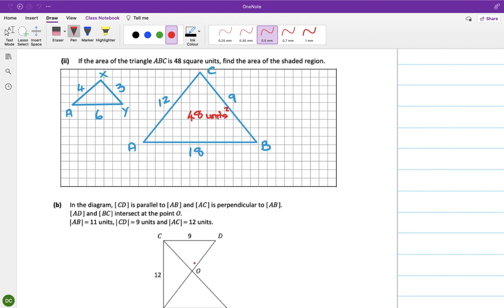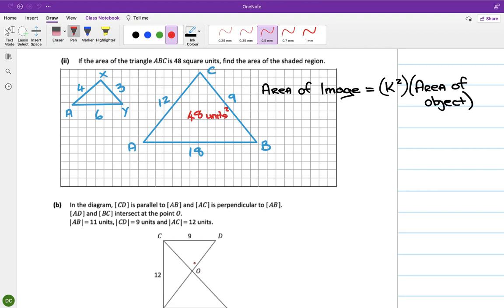So do you remember in enlargements we have that the area of the image is k squared times the area of the object. I think we should be able to get it from there.